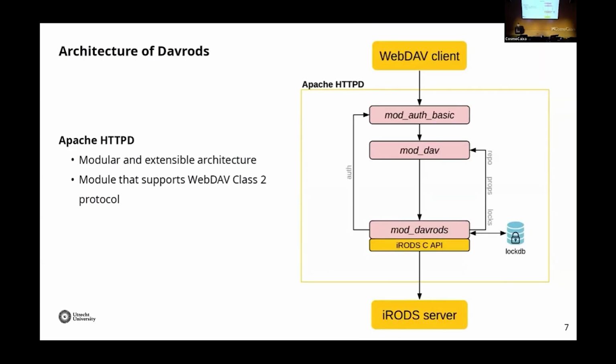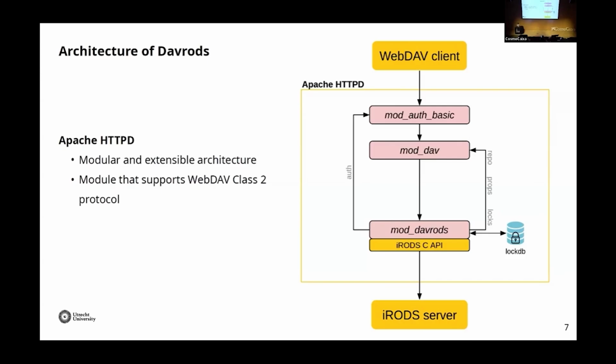Now, a little refresher about the architecture of Davrods. We have the WebDAV client and the iRODS server, and in between that, we have Apache HTTPD, which we decided on because it's a modular and extensible architecture. And it also includes a module that supports the WebDAV Class 2 protocol, which is ModDAV.